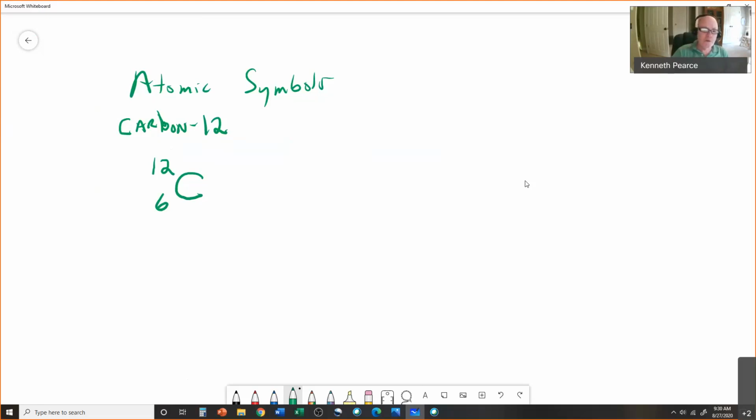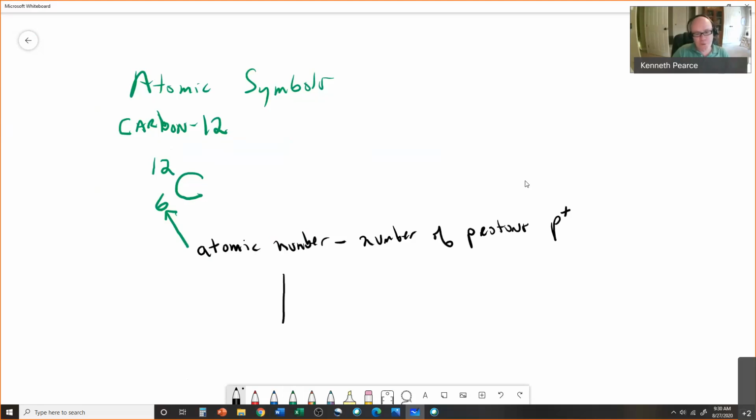Now this 6 is called the atomic number, and it is the number of protons. P plus. There it is. And we find this in the periodic table. If you look at your periodic table, you will see for carbon that it looks like this.